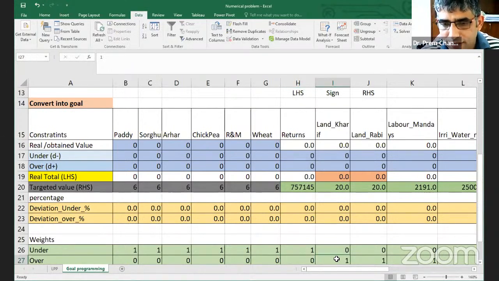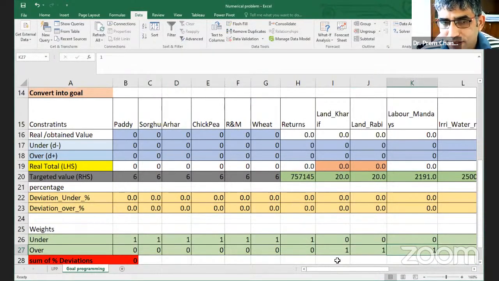In case of land, I don't want overachievement because I don't have more land. So for those objectives which I want to maximize, I will assign more weightage to the underachievement deviations, because my objective function will become minimization of deviations.